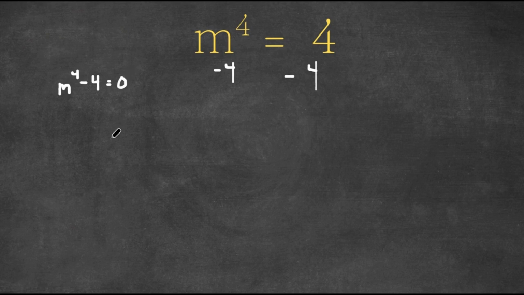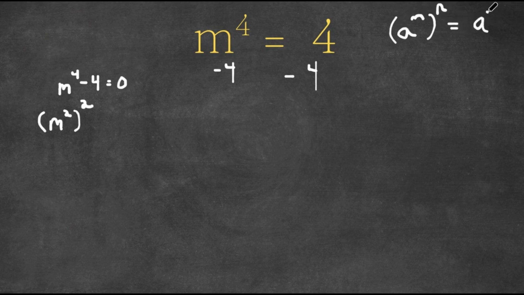Now I'm going to change m to the power of 4 to (m squared) to the power of 2. Because remember, if we have something in the form a to the power of m to the power of n, this is equal to a to the power of m times n.